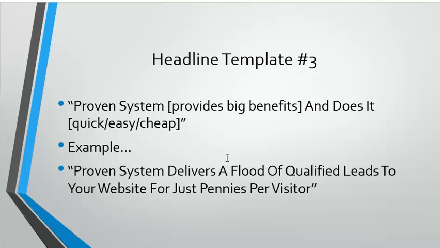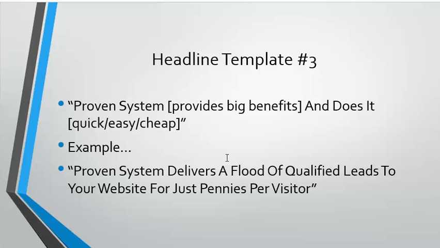Someone like my good friend David White, who's the founder of the GKIC London chapter and an expert in delivering website traffic and SEO, might be able to use something like that. And let's go through the template again: proven system, delivers big benefits, and does it quick, easy, cheap.